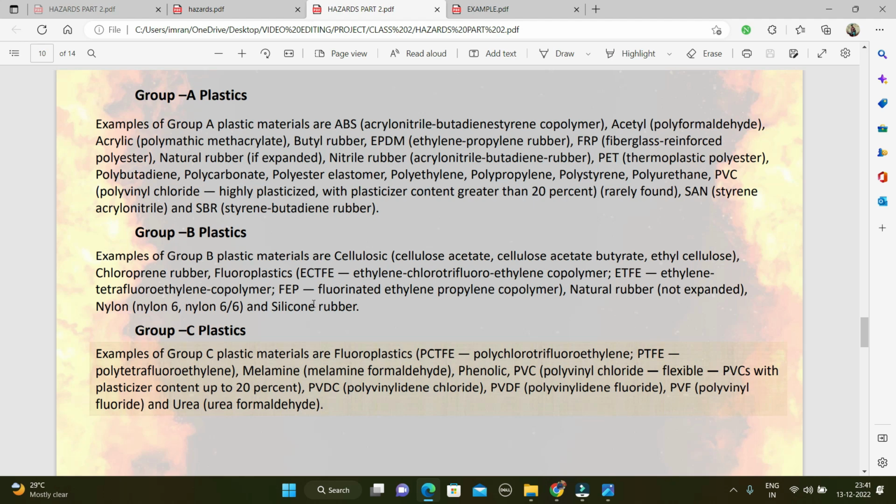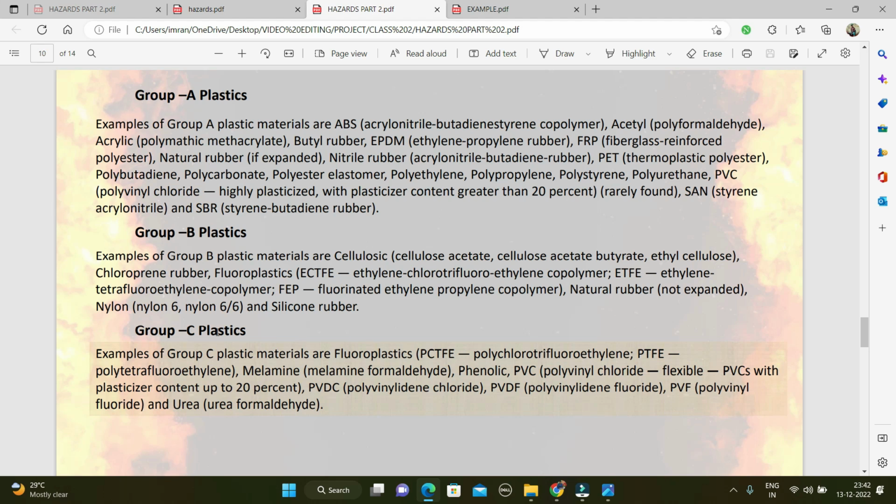So it will not be designed up to the mark, and during testing and commissioning, or when a fire happens, that system will not be sufficient to extinguish the fire. So it is very important to select the hazards.